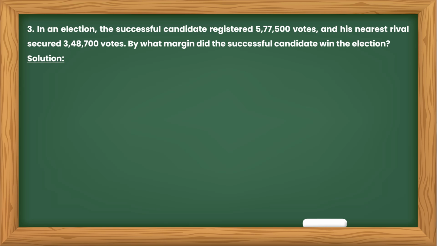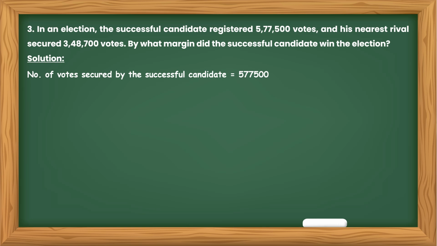So in an election, the person who has won has got 5,77,500 votes, and the one who was in the second position had scored 3,48,700 votes. So they are asking by what margin did the person win? So you should know the difference between the votes of the first candidate and the second candidate. So difference means again we will have to subtract.